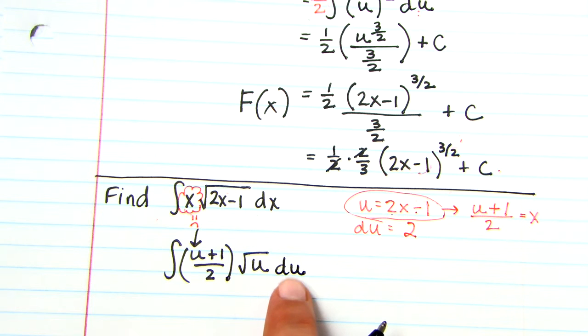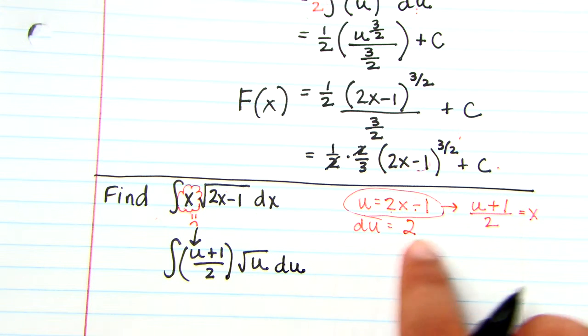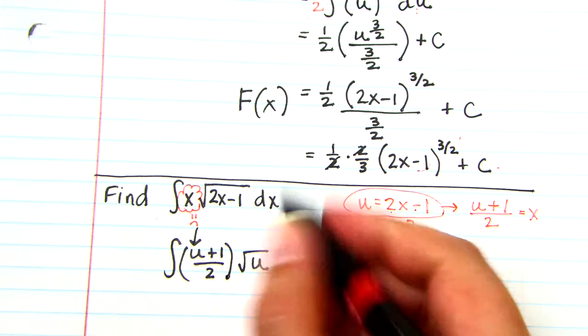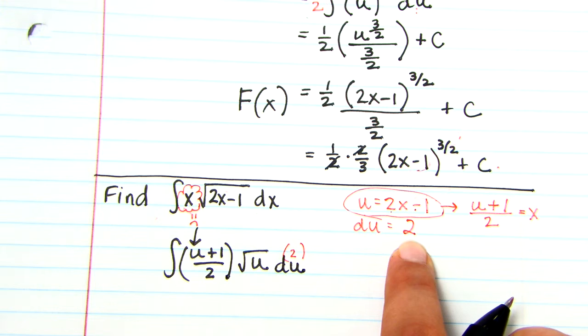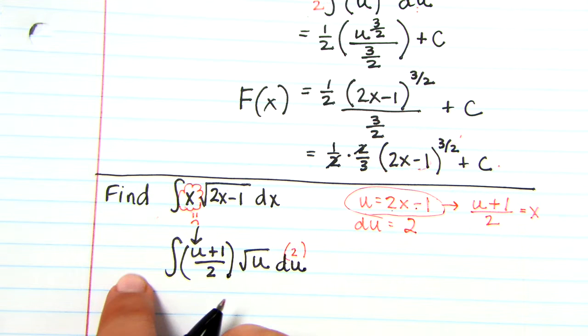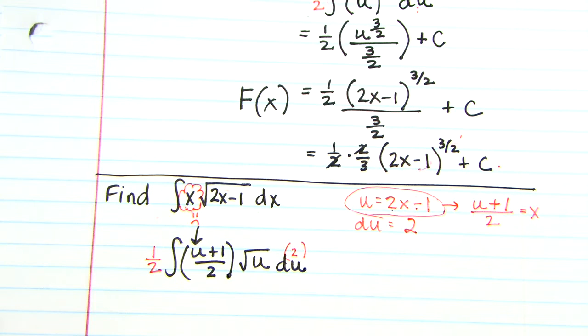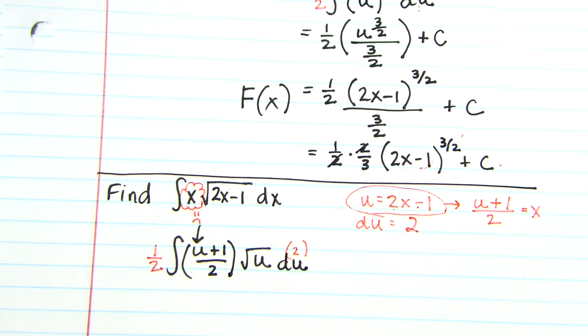But right now, du is 2. But I don't have a 2. So that's when I hit the front of the integral with the balancing act. So that if I'm thinking of du as 2, then I balance it with the 1/2 on the front so that I haven't changed the value, it's just 1.